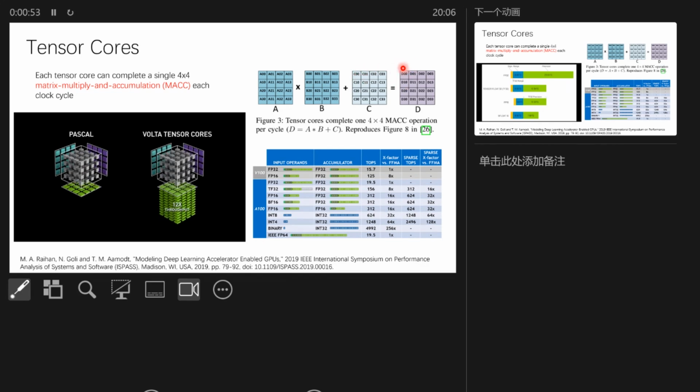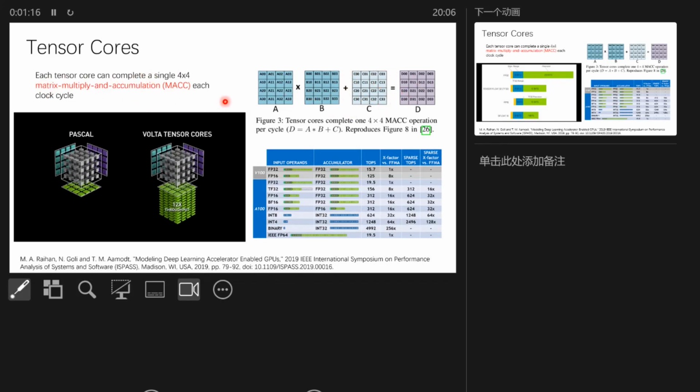That would be like 9 cycles. So for the 16 elements, you need about 9 times 16, which is 144 cycles to calculate this 4 by 4 matrix multiply and accumulate.